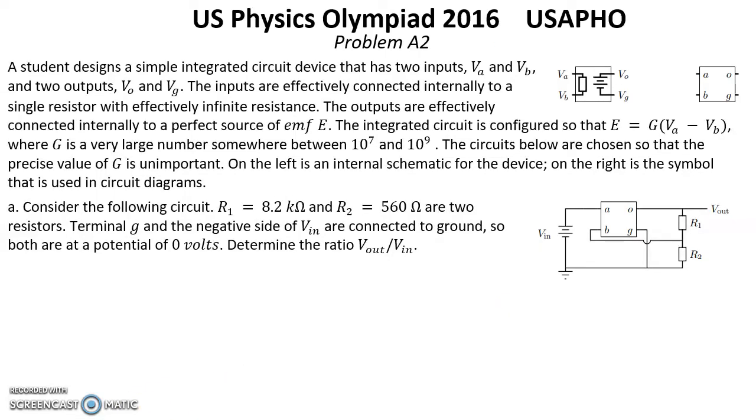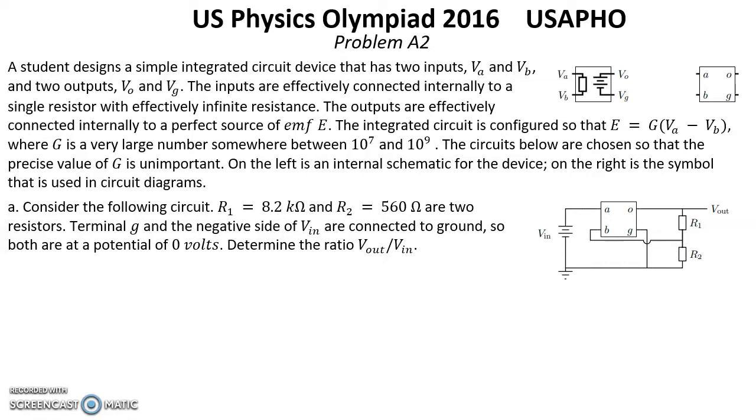Problem A2. A student designs a simple integrated circuit device that has two inputs, VA and VB, and two outputs, VO and VG. The inputs are effectively connected internally to a single resistor with effectively infinite resistance.